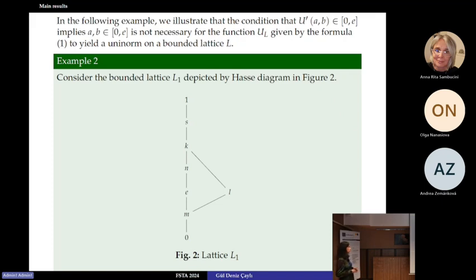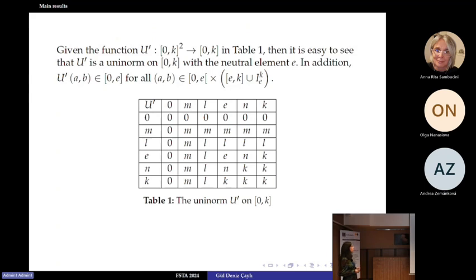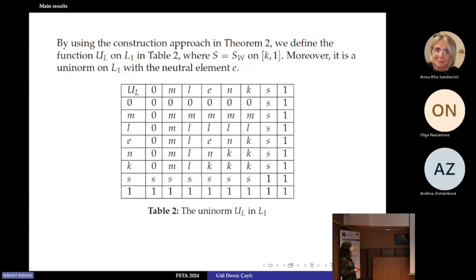Considering this bounded lattice and the uninorm U prime defined by table 1, we can see that for the elements m smaller than e and L incomparable with A, the value of U prime is m smaller than e. And if we apply the construction method in theorem 2, we can obtain this uninorm.